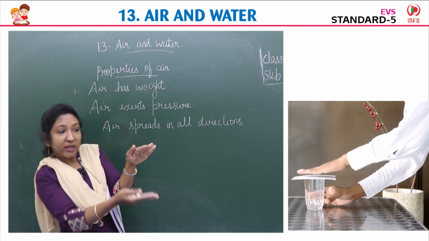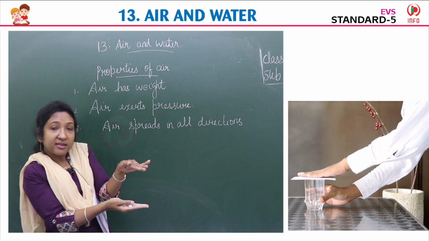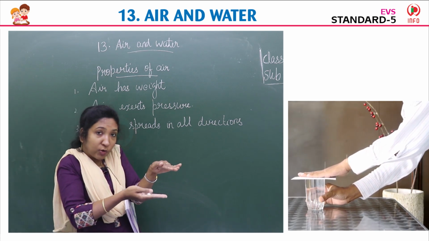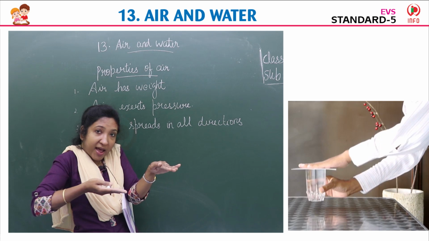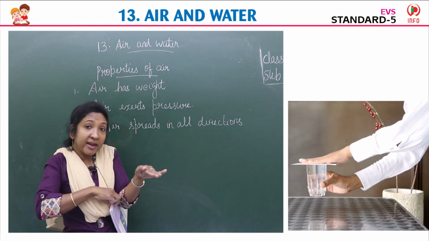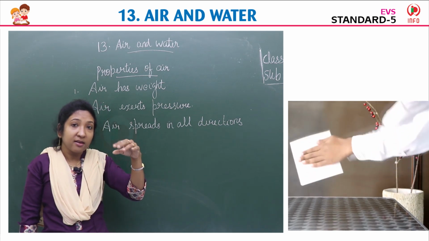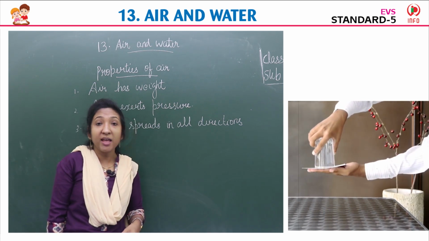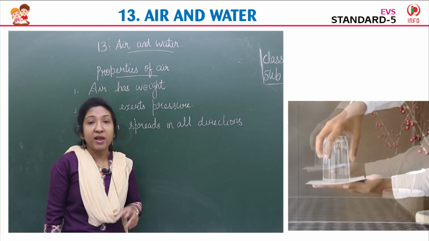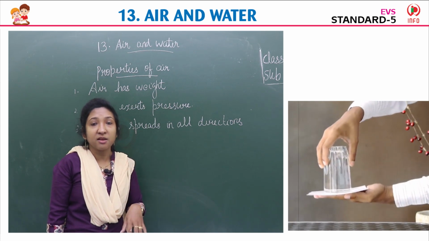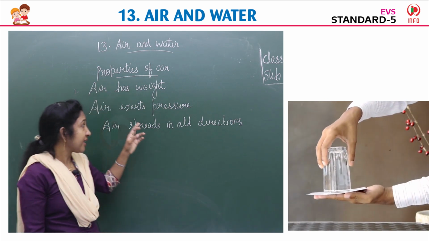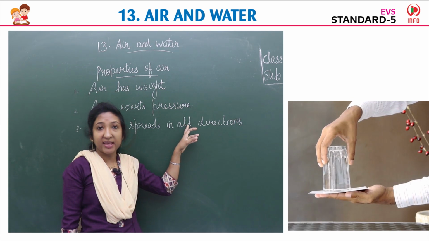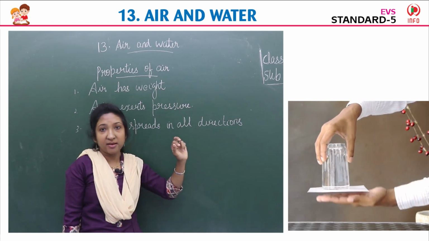Afterwards you have to invert the glass tumbler. Then slowly take off the right hand. That time you can see a magic: the cardboard does not fall down because of the air pressure acting on it. So air exerts pressure, the second property of air.